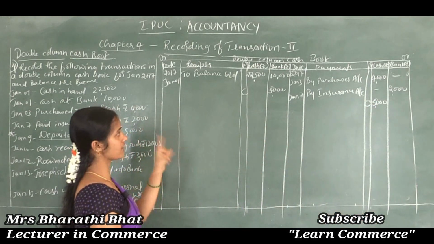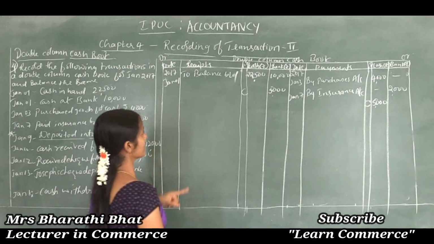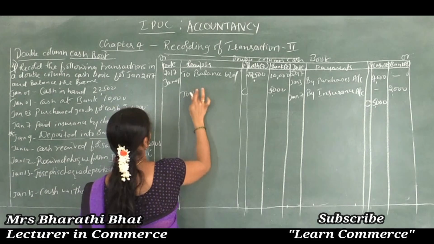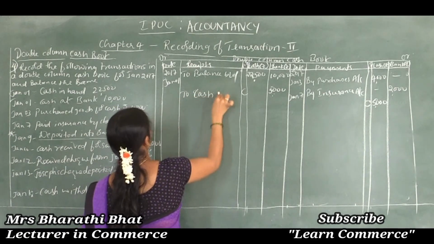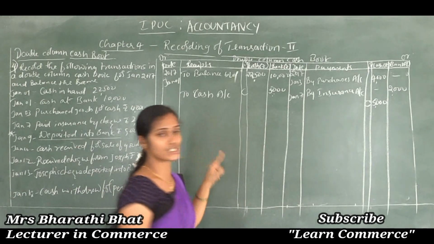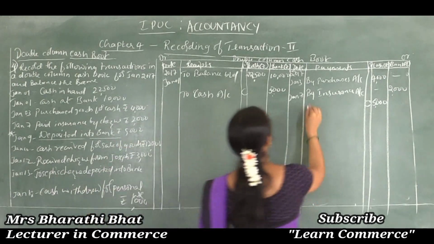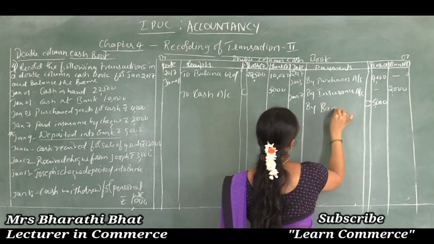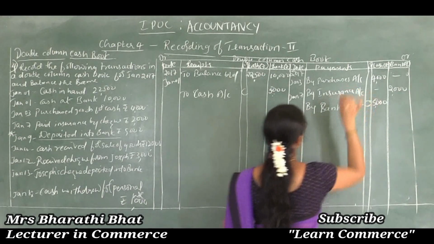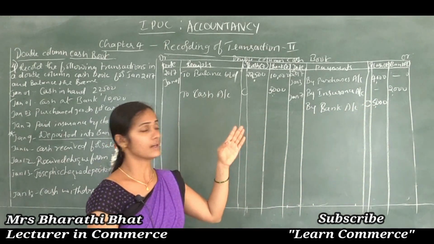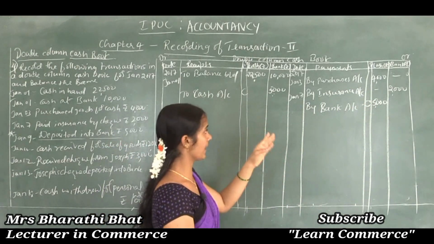So, on each side we record contra entry, and the next one, bank, before bank to cash account, to cash account. Okay, what did we deposit? We deposited cash into bank. Okay, and here by bank account. What is the reason? We paid 5,000 into the bank. That's why by bank account.